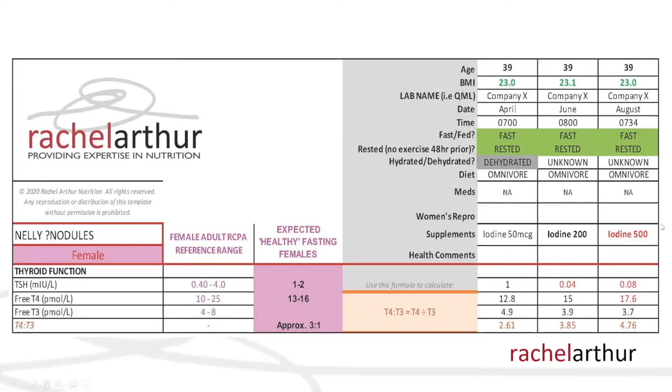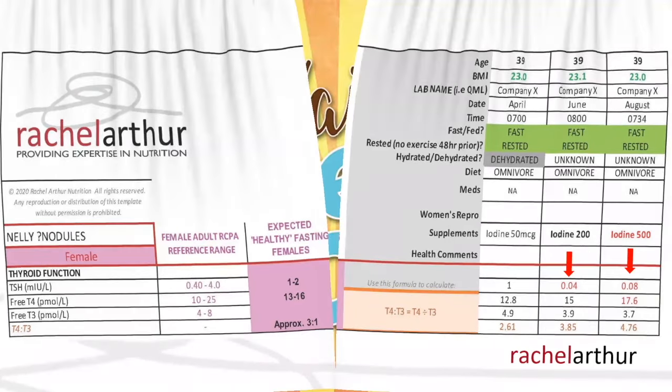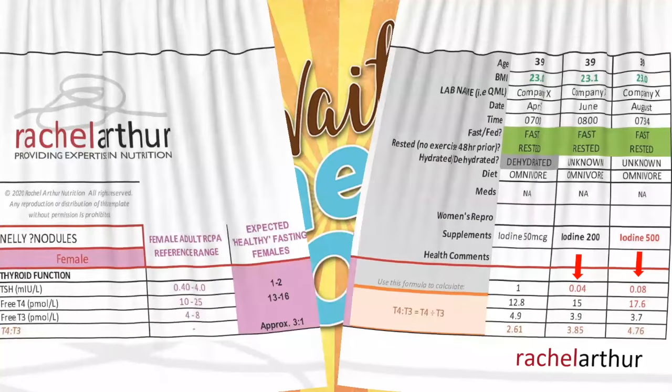This is about an increasing iodine intake through supplementation and the very strong likelihood that this patient has hot nodules and is producing excessive thyroid hormone in response to that. But there's more, there's still more.